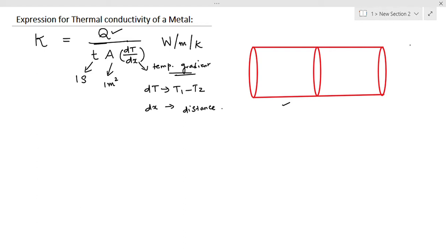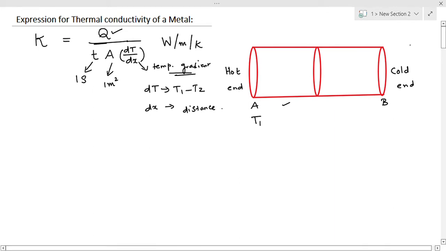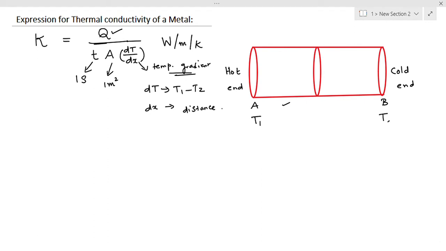It has two ends A and B. Let the source of heat energy be kept at the end A, so it is called the hot end. It is maintained at a temperature of T1. Here B is called the cold end, the receiver end. It is at a temperature T2.